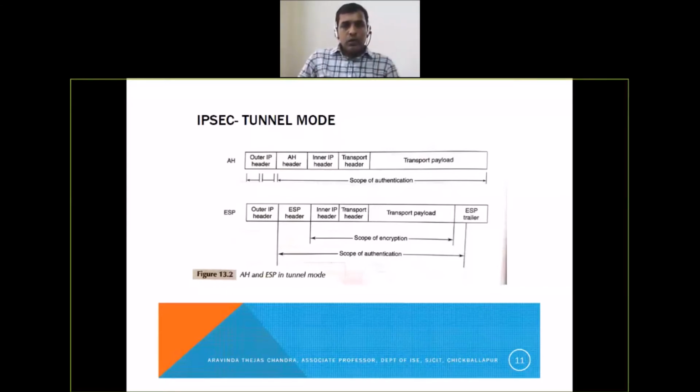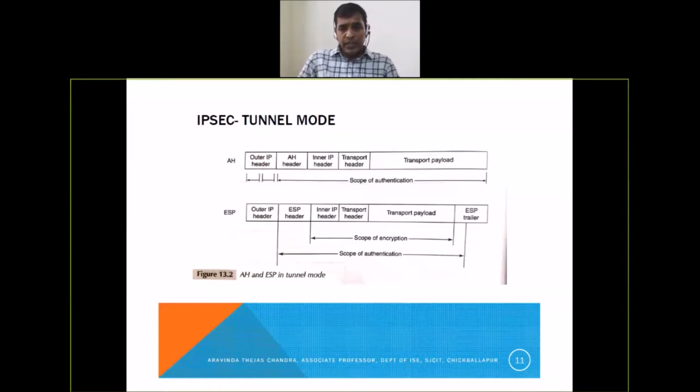Next, let's go to tunnel mode. In tunnel mode, as I told you earlier, the original IP packet is placed within another IP packet. The reason is that if the original IP packet is kept as it is, someone can see the source IP and destination IP and come to know who is the sender and who is the receiver. That means traffic flow is revealed.